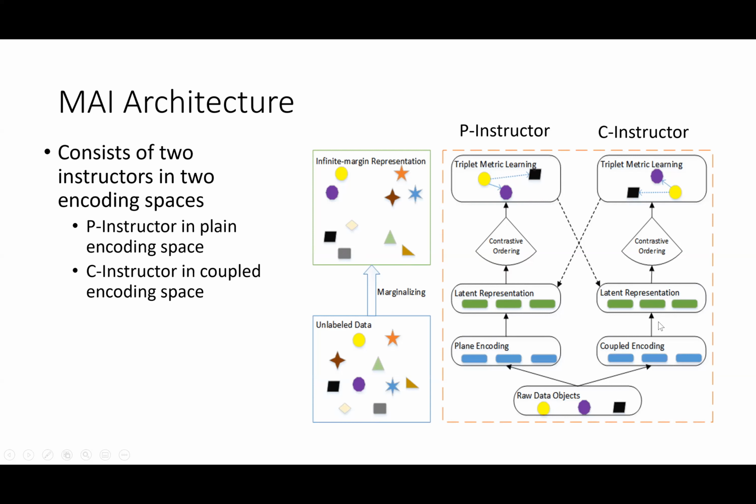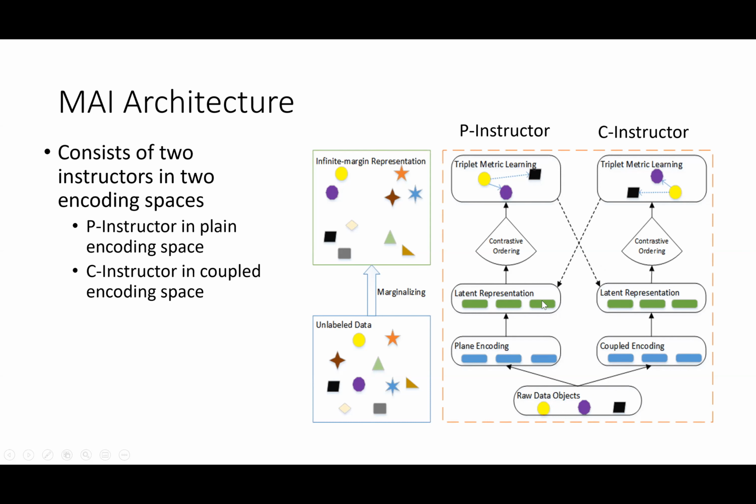In the coupled space, we try to learn the relationship between them and learn the latent representation, and then do some contrastive analysis to differentiate them, basically to separate them. So we incorporate not only the simple way to do the encoding, but also consider some sort of interactions there. I will explain later.